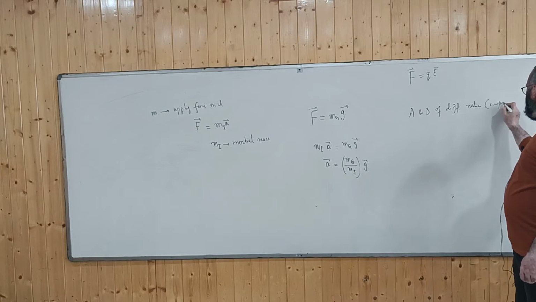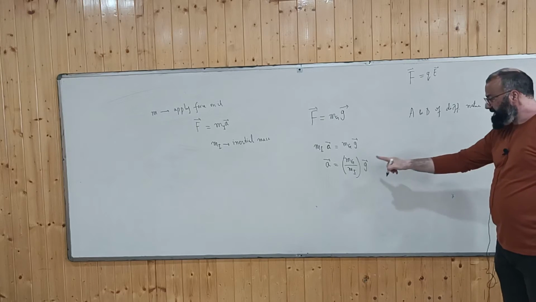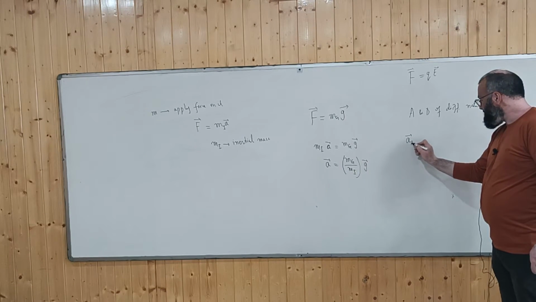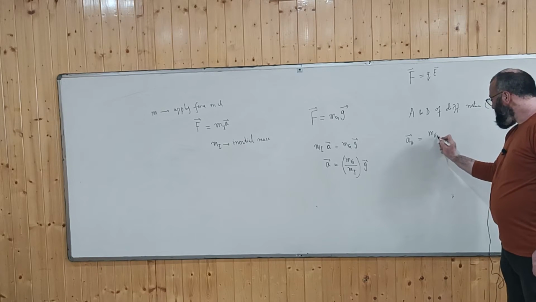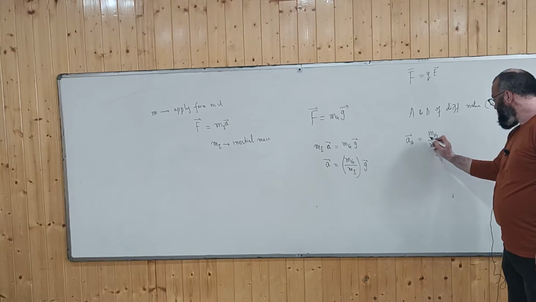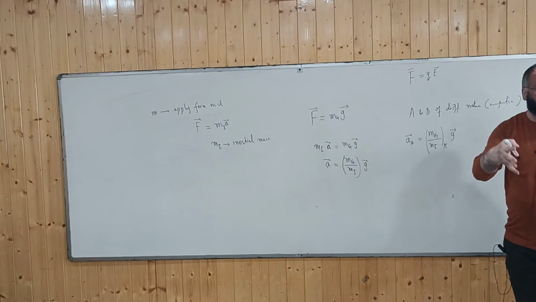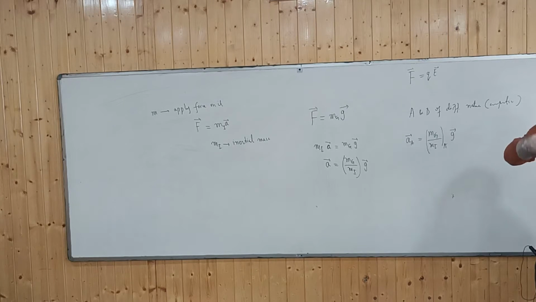So what does that mean from this relation? For object A, the acceleration is equal to this ratio mg/mi times g. G is the same, because you are putting both objects in the gravity.